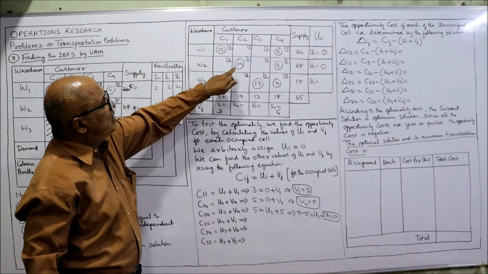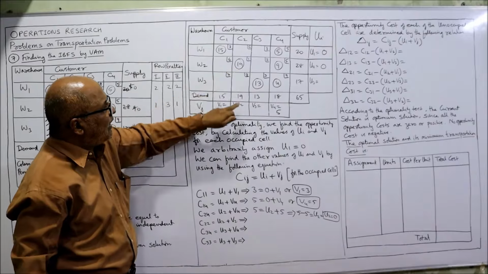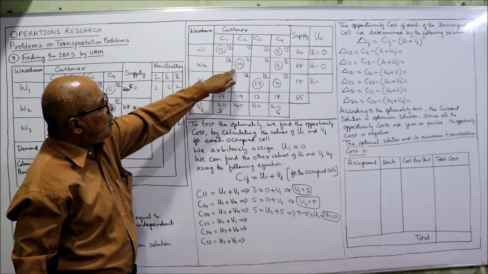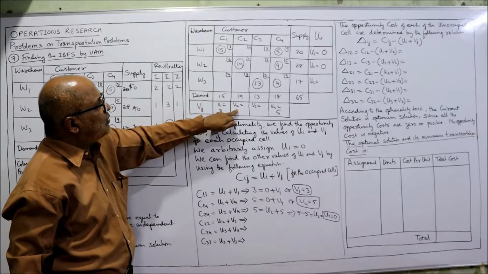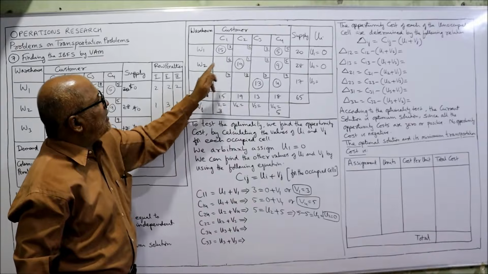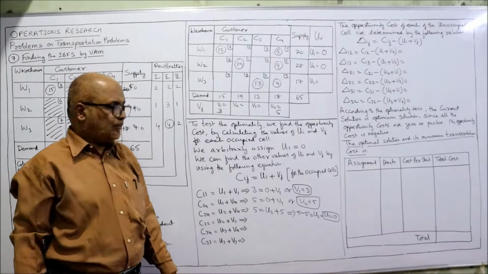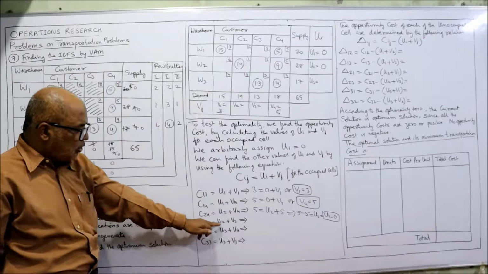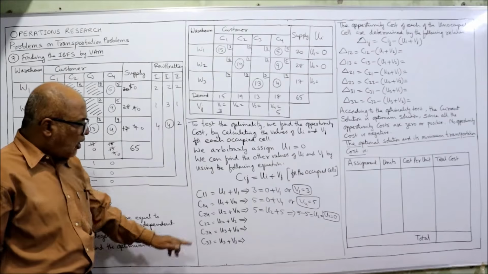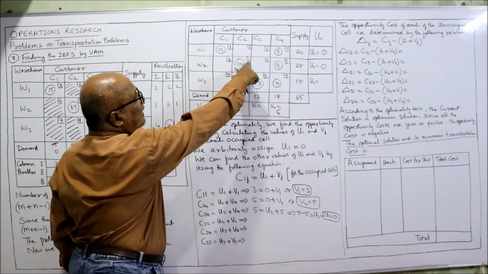Now we will use this occupied cell to find V2. What is the location of this cell? Second row, second column, C22. So C22 is equal to U2 plus V2. How much is C22 here? 1.